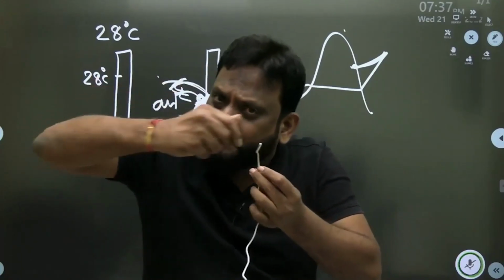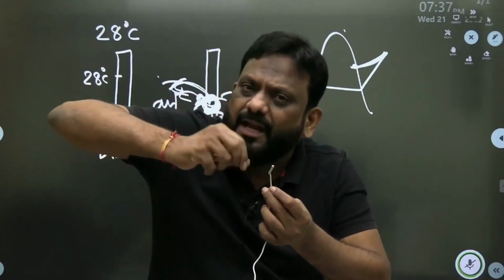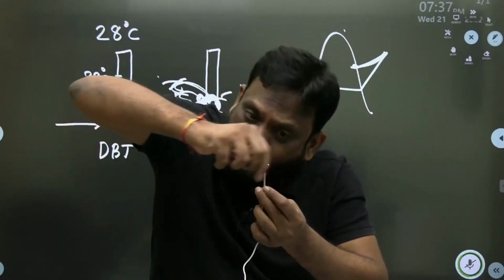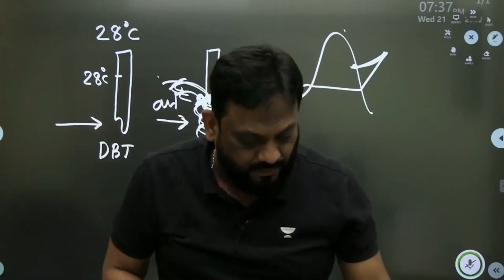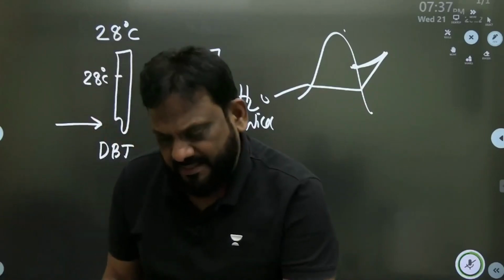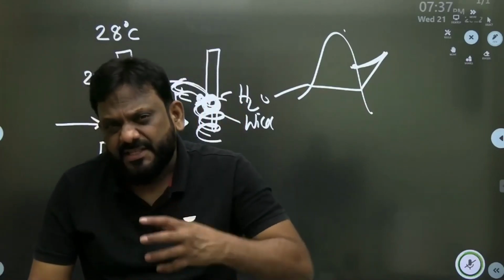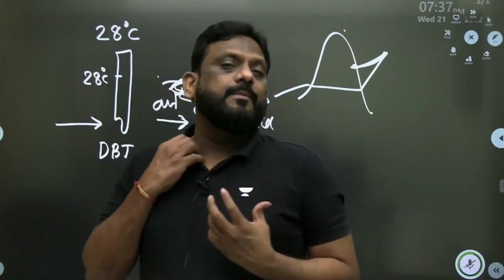The latent heat is required to vaporize, so that heat is absorbed from inside, and thereby the temperature is coming down. Now I'll do one experiment, sirs. This temperature under equilibrium conditions is known as wet bulb temperature.